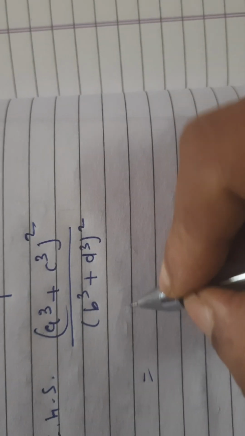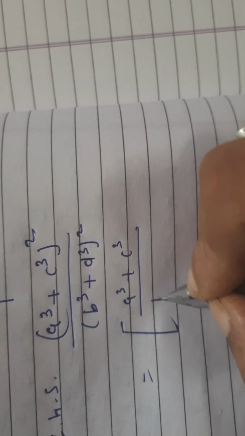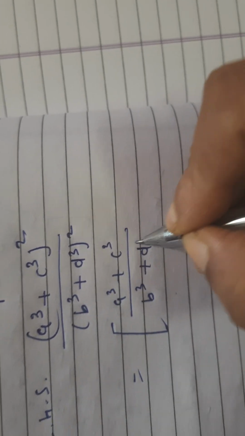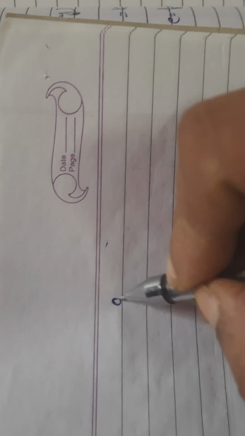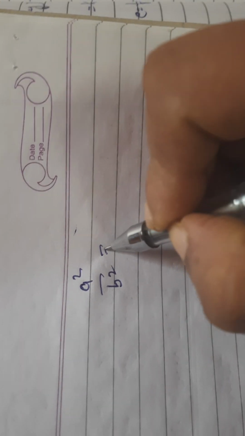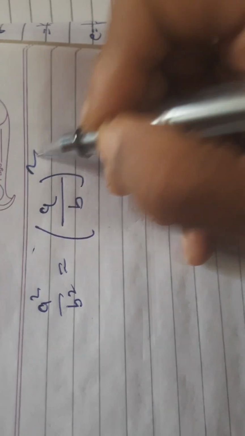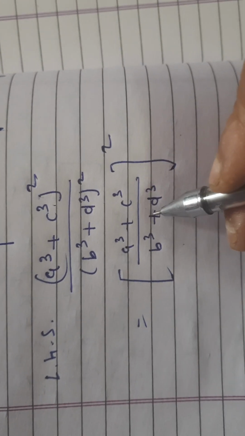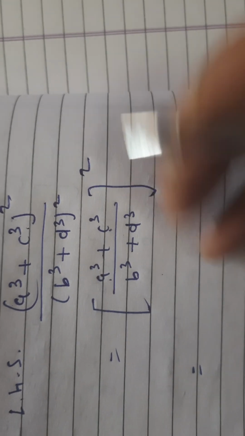I can write this as (a³ + c³)/(b³ + d³) whole squared. As you know, a²/b² can be written as (a/b)², so I have written this line like this. Now I am putting the values of a and c.